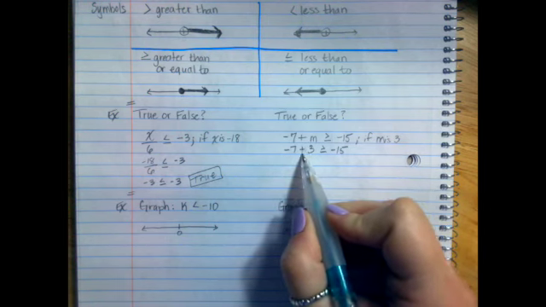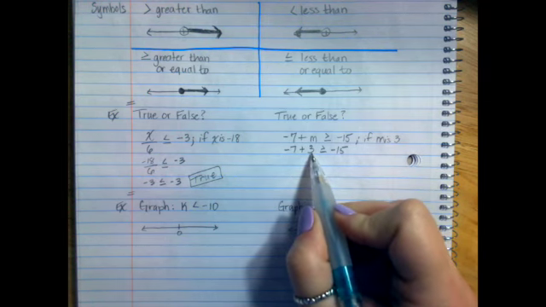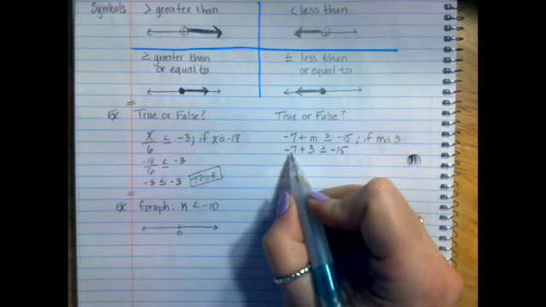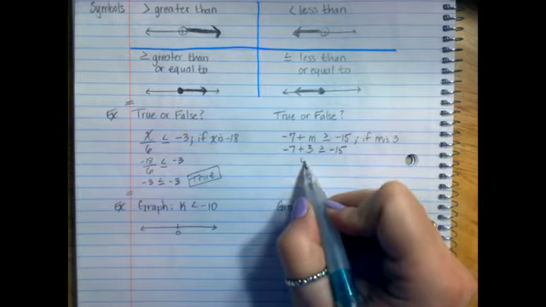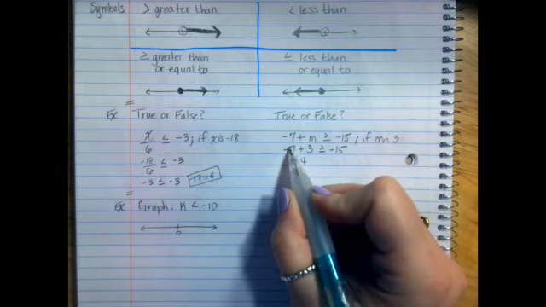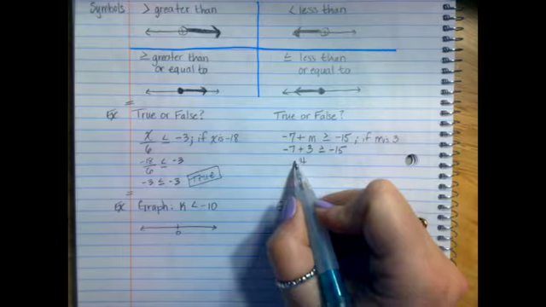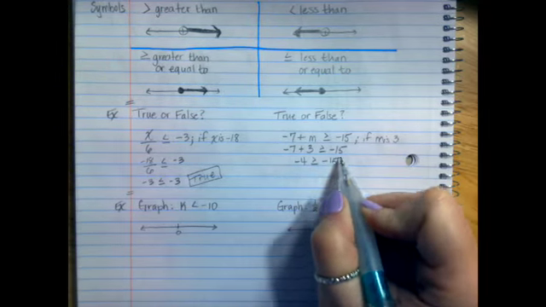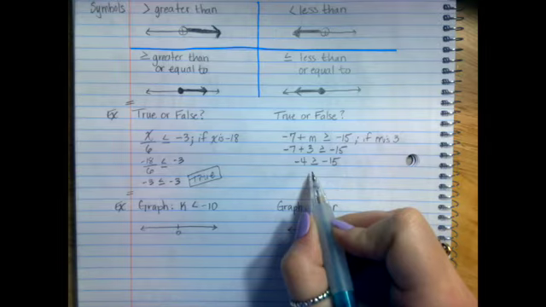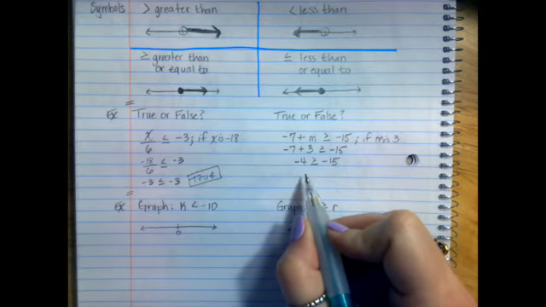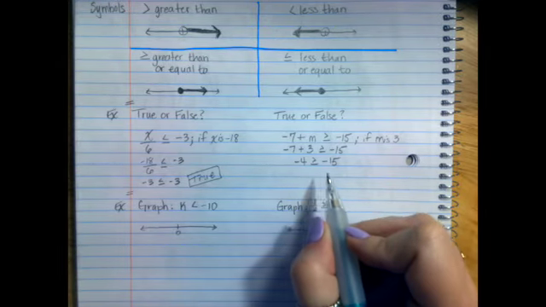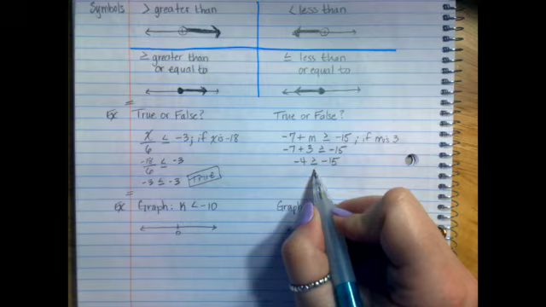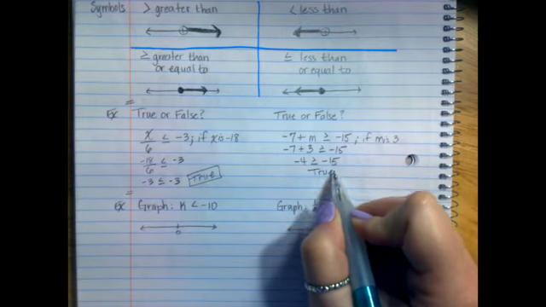So -7 plus 3, you've got to remember your integer rules. Okay, different signs find the difference. So it's going to be 4. This is a bigger absolute value, so my answer is negative. Is -4 greater than or equal to -15? And it is, because on the negative side, the closer you get to 0, the larger the value becomes. So this is also true.